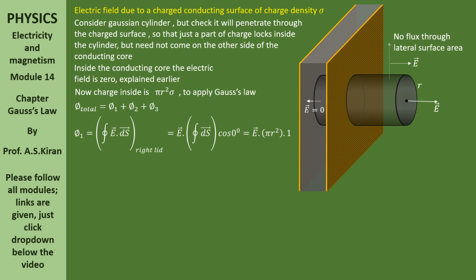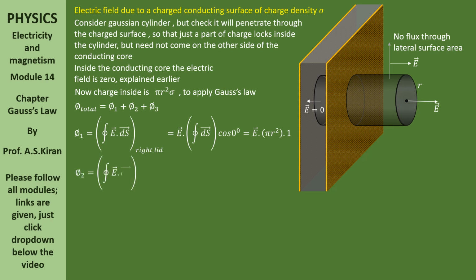The area vector is towards the right, and the electric field is also towards the right, so the angle between them is 0 degrees, cos 0 degrees. That equals E bar into pi r square, where pi r square is the circular integral of ds bar of the right lid.